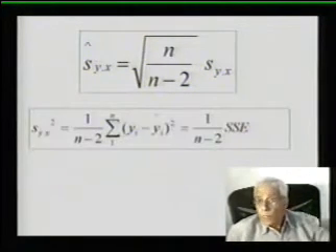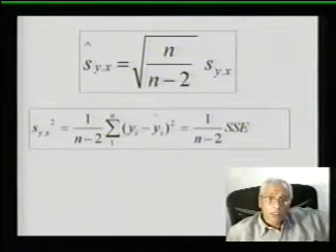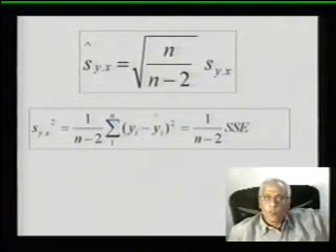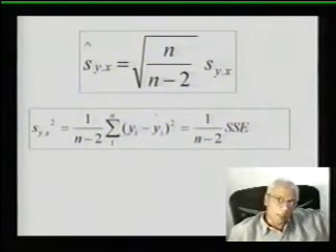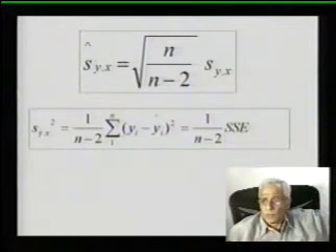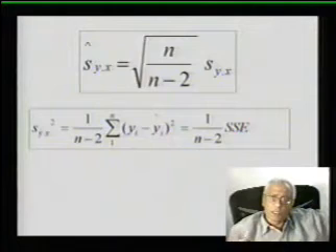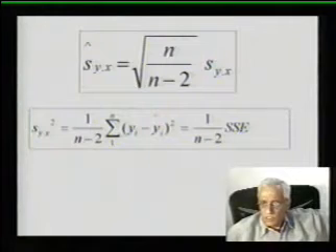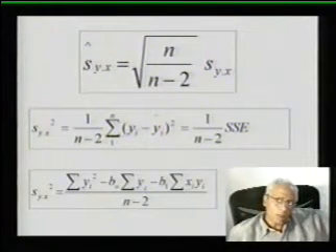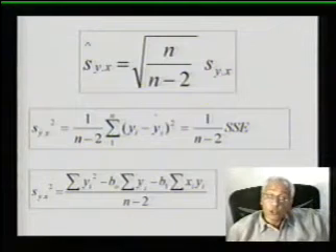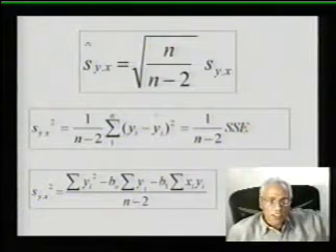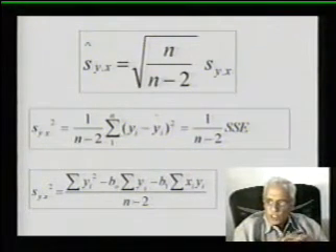Accordingly, we can put a general definition of the square of the standard error as 1 over n minus 2 times the sum of square error. If you recall, we were able to get the sum of square error from the so-called analysis of variance, which we discussed in the previous chapter, which we will have to introduce in association with regression, because it's a part of the underlying concept of regression to do analysis of variance.